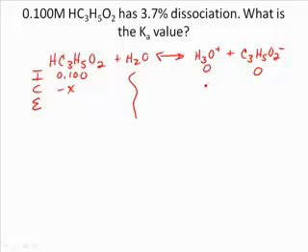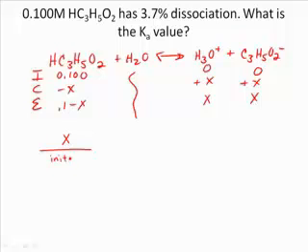So if we were to write this out, let's just go our normal way here. Alright, so what do we know then about this? Okay, we know that x over my initial times 100, that's percent dissociation. We know that's equal to 3.7. Okay, so x over 0.1 times 100 is equal to 3.7.